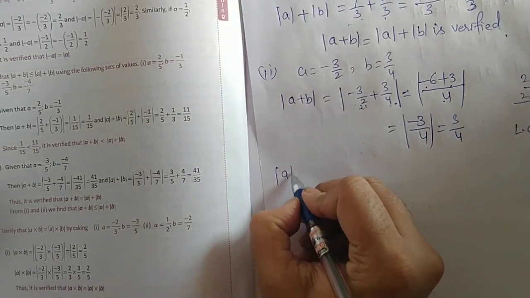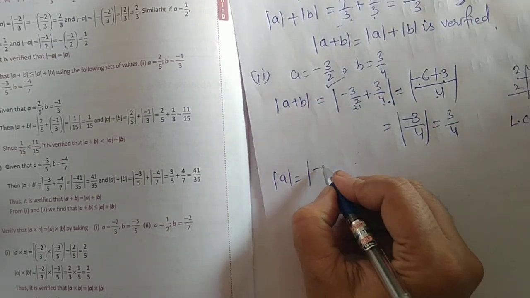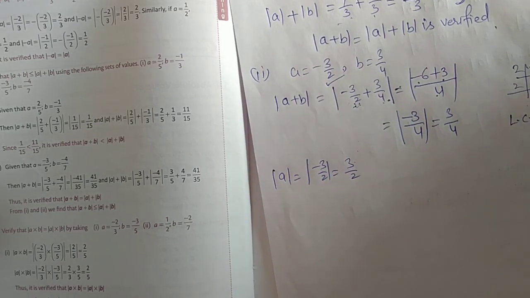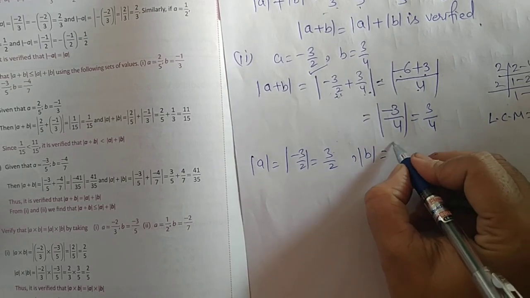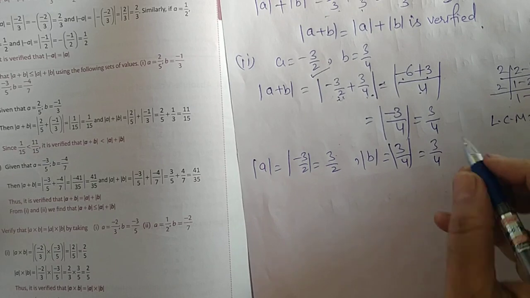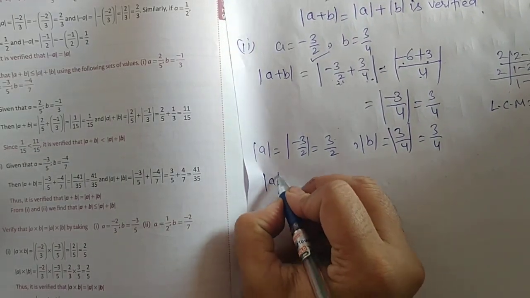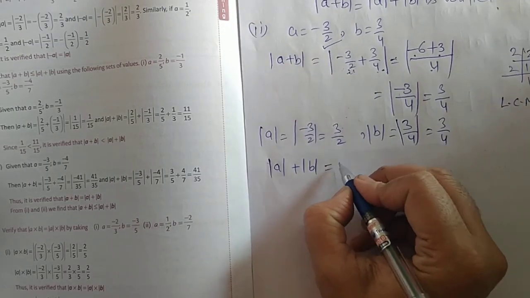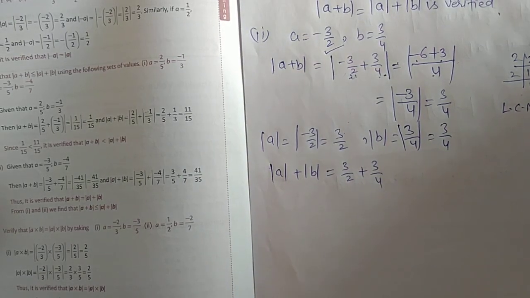Now mod of A is equal to, take this value, minus 3 upon 2, so 3 upon 2, and mod of B is equal to mod of 3 upon 4, which is equal to 3 upon 4. Now add these two separately, mod of A plus mod of B. So 3 upon 2 plus 3 upon 4.